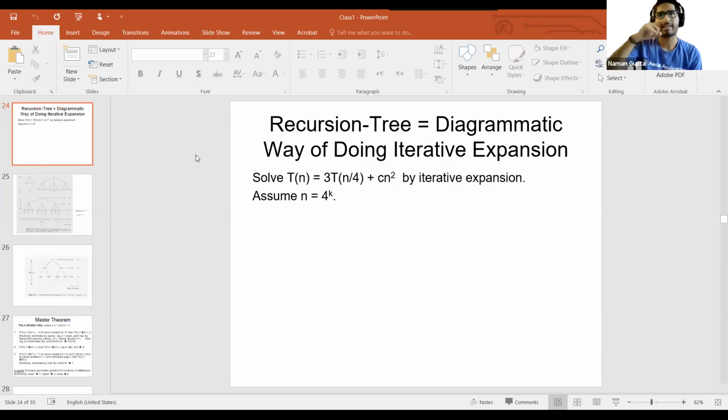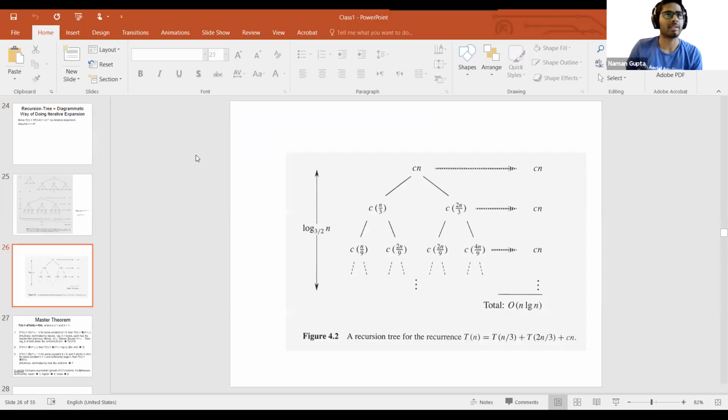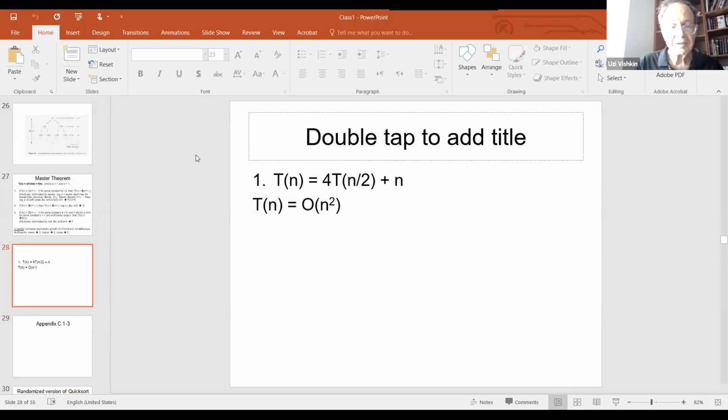So here in cn squared, is this the first case of the master theorem where f(n) equals O(n^(log_b a))? Can we use the master theorem?